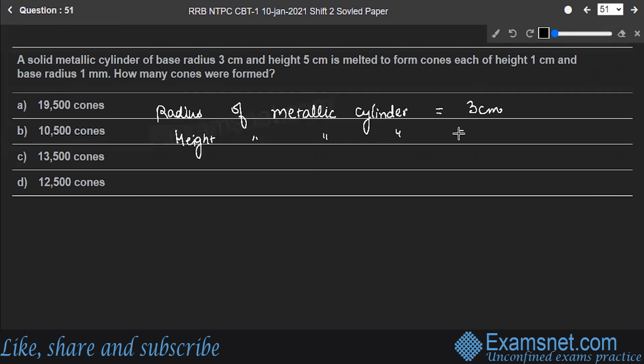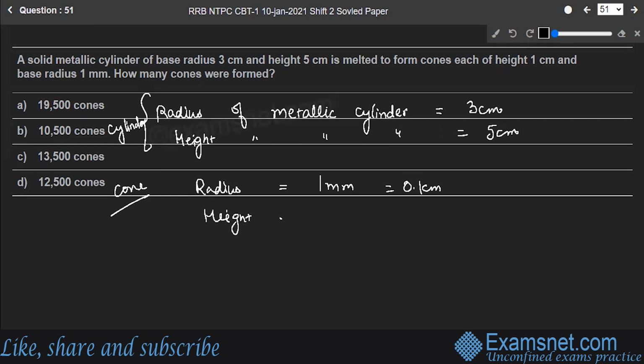Height 5. This is for cylinder. And for cone, radius 1 mm or 0.1 centimeter and height 1 centimeter. Now some formulas, let's discuss.